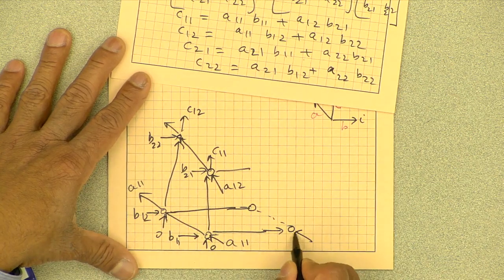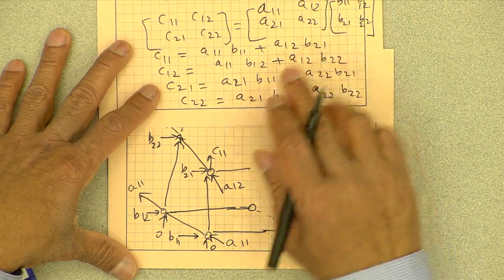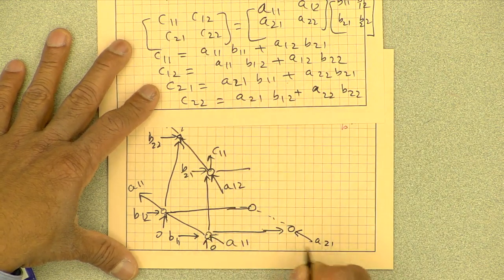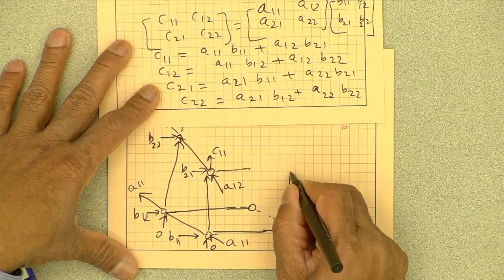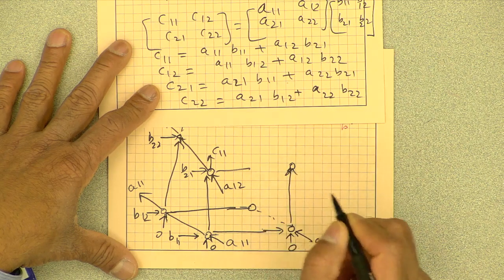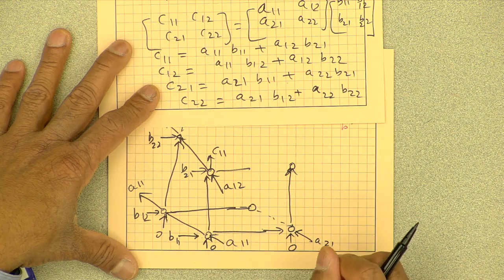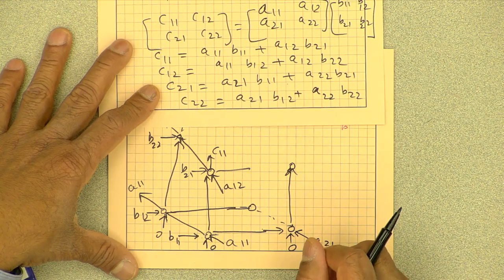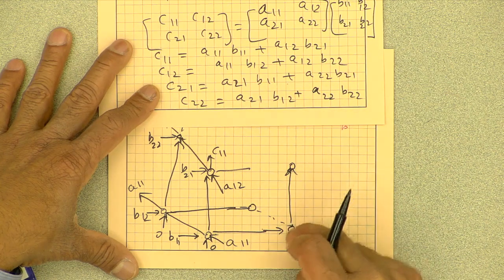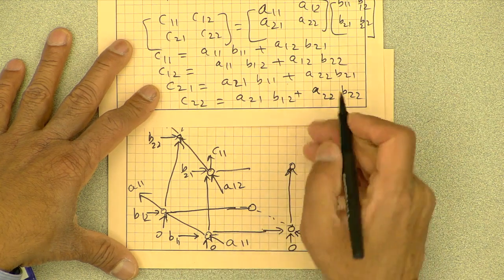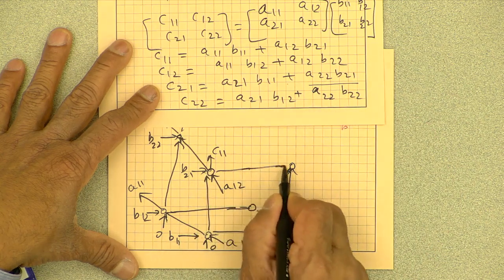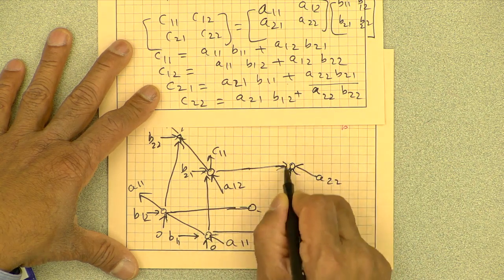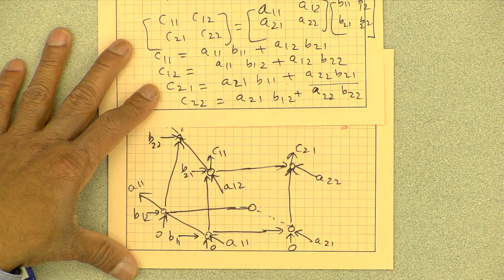And here we have A21, B11, A21, B11 plus A22, B21. So B21 reaches here, A22, and that is C21.